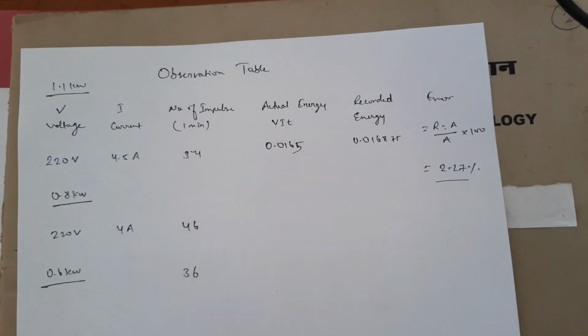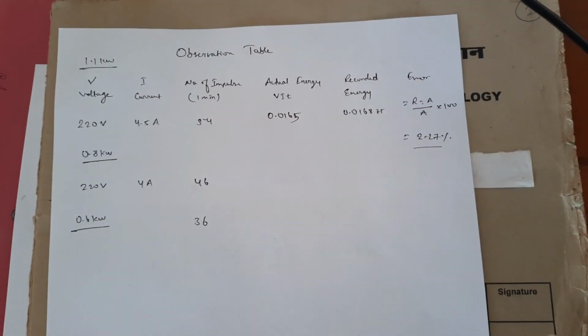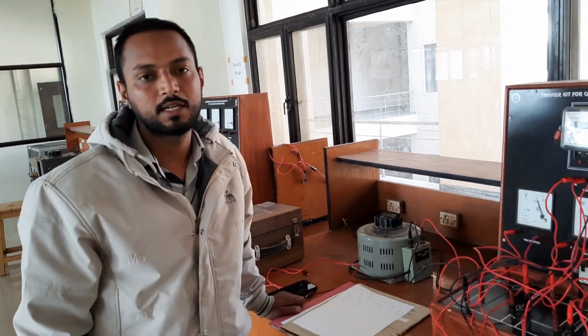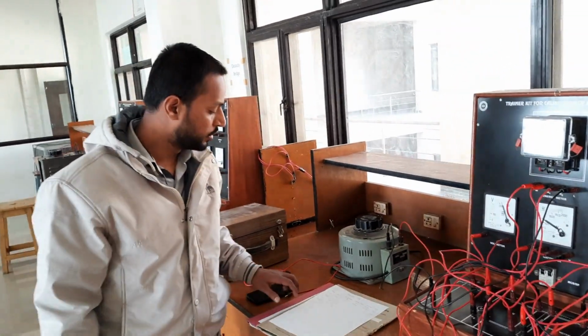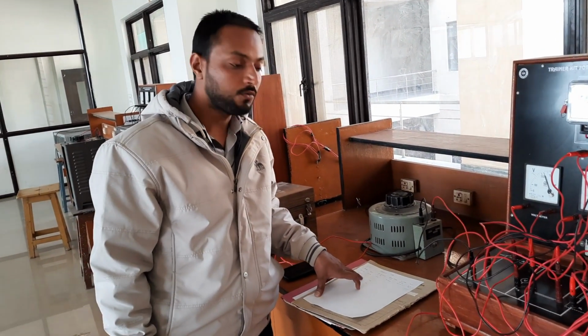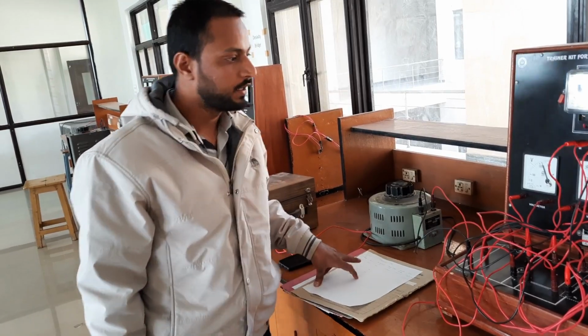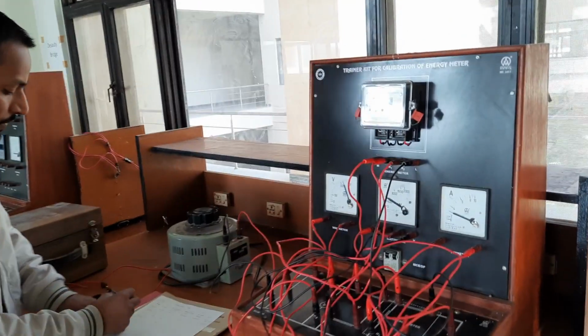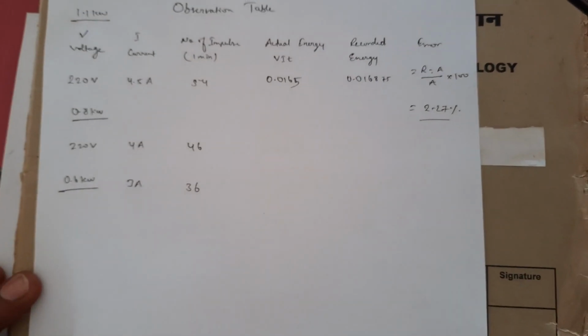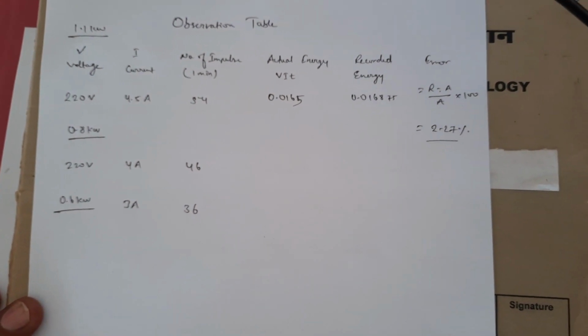That is 36 impulses. Okay, we have already calculated our first set of readings, and I have already given you two sets of readings: voltage of 220 volts, current of 3 amperes for 0.6 kilowatt, and 4 amperes for 0.8 kilowatt, with 46 impulses for 0.8 kilowatt and 36 impulses for 0.6 kilowatt.